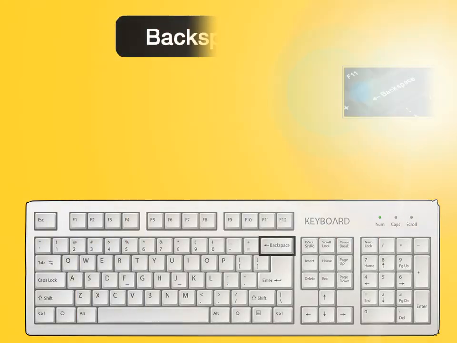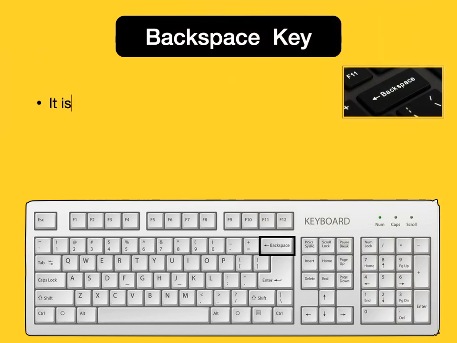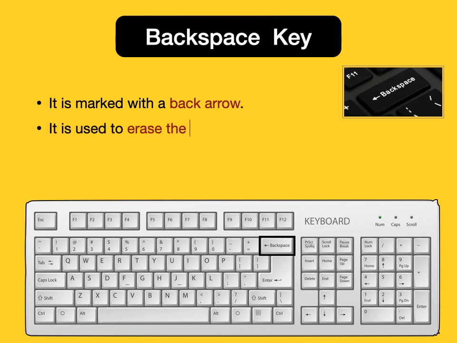Next type of special key is backspace key. Backspace key, as the name suggests, is marked with a back arrow, and it is used to erase the letter to the left of the cursor. Whenever you write any sentence and you want to remove any letter to the left hand side of your cursor, you will use backspace.